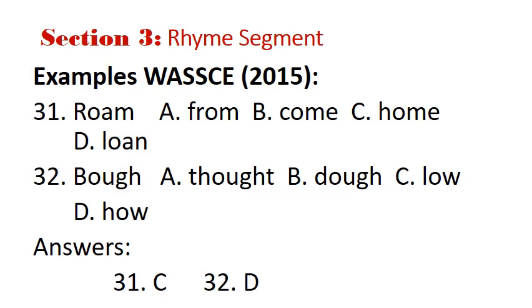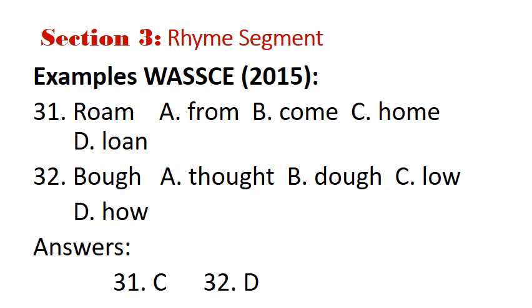Take a look at what is given. Roam. So we need the diphthong sound, and we also need the consonant. Considering the options given, option A and option B would be totally out of it, because option A is from and option B is come. We are torn between option C and option D.